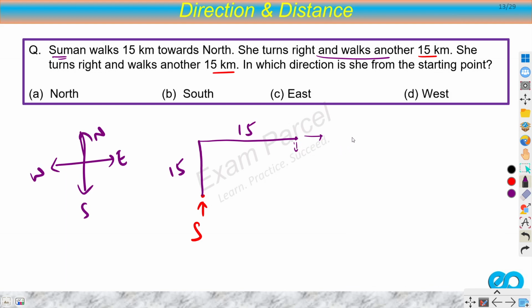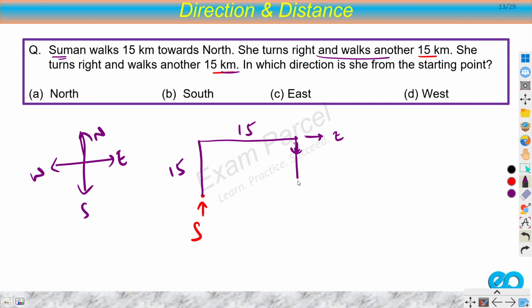So the only thing you have to be aware of is where is he or she looking. Okay. So if his or her face is in eastward direction, so obviously his or her right hand side would be this direction, right? Southwards. So here she is standing at this position with face this side, so obviously her right hand would be in this direction. So she turns right and walks another 15 kilometers.